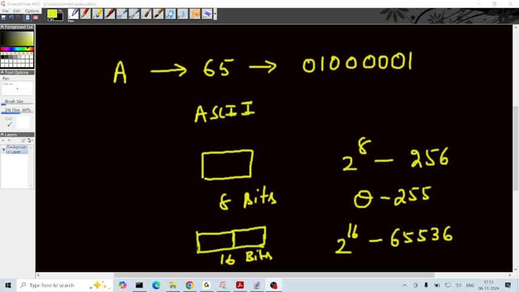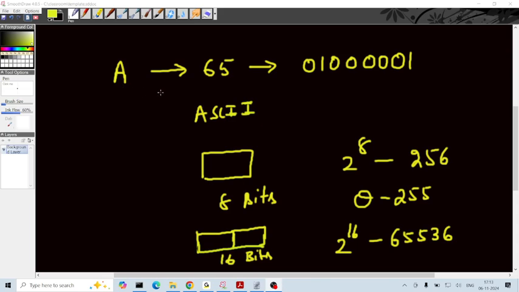When you store a character like A, it cannot be stored as a number directly because A cannot be converted to a number. So we follow a coding system called ASCII, and the coding system is giving a number to each character.